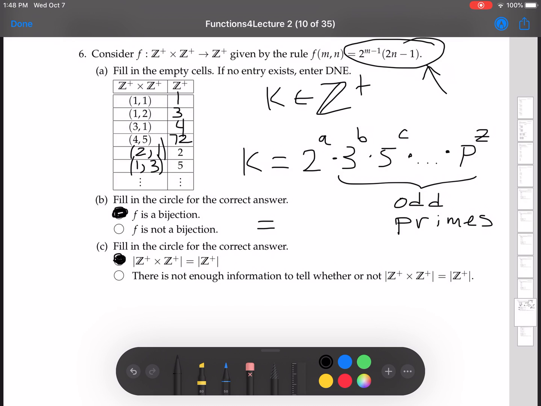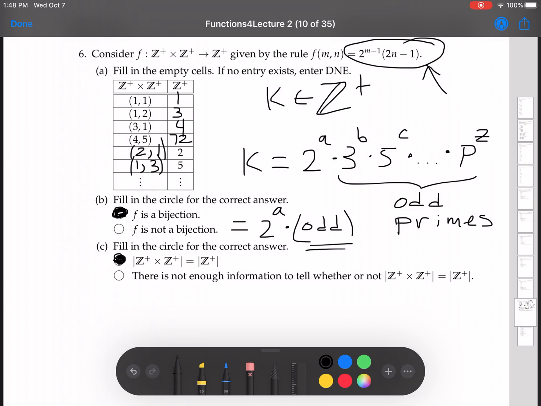All right, now, what this basically shows is that every positive integer can be written as 2 to some power times an odd.